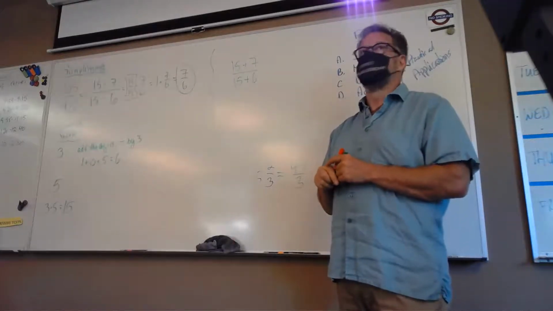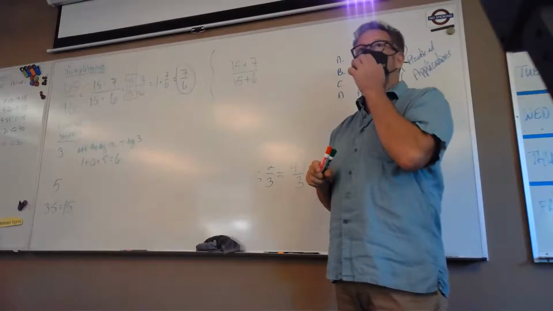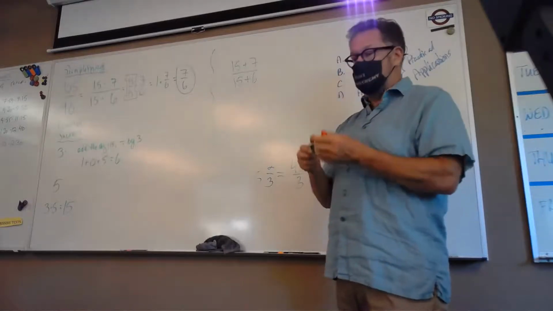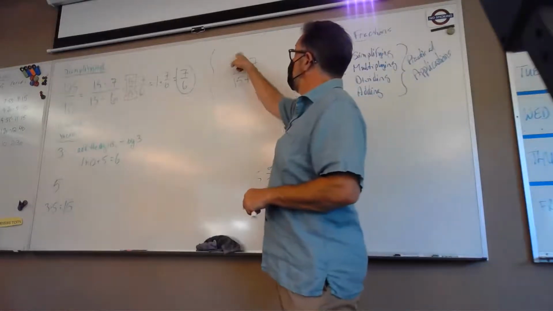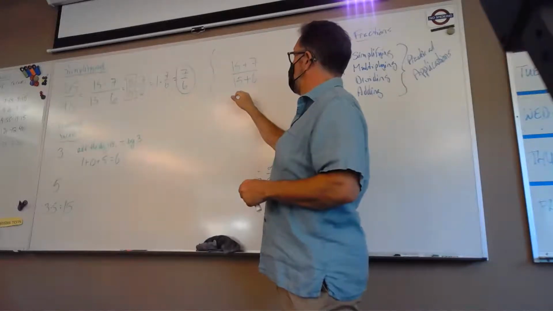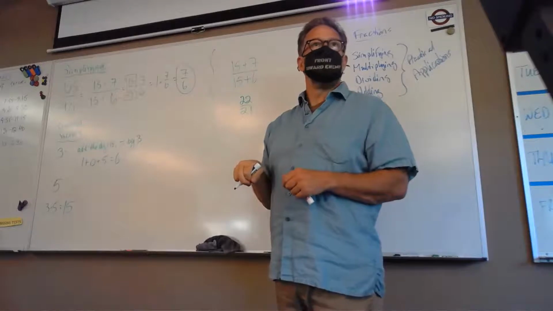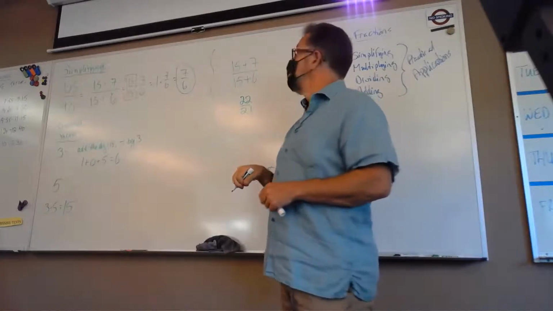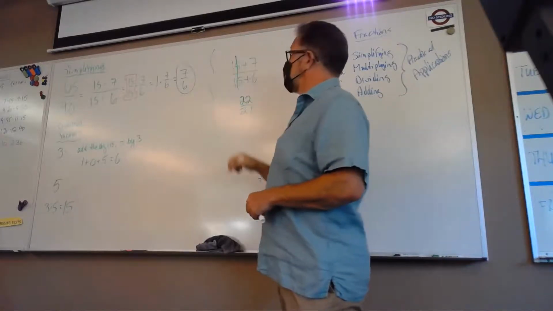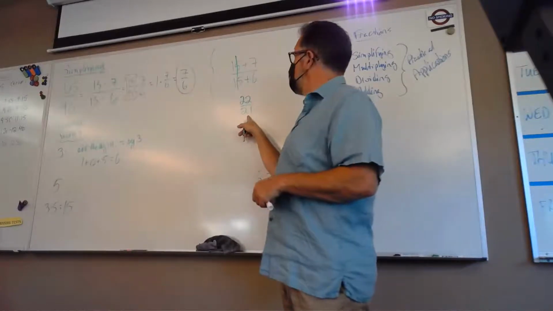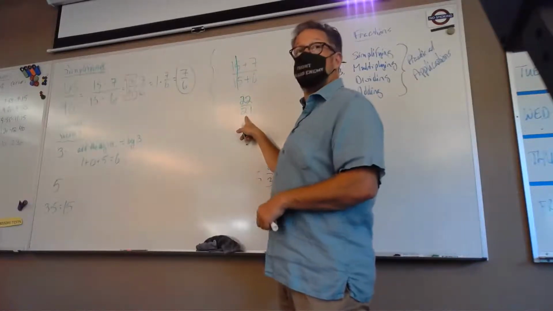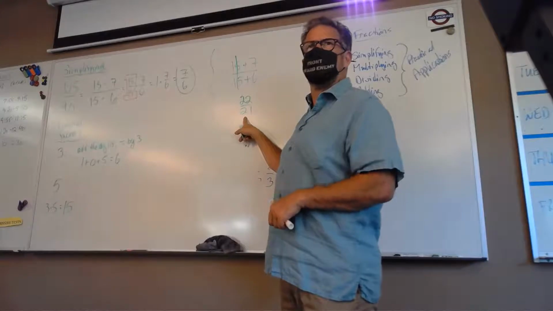Ethan, why are you shaking your head no? They're not multiplying. If we think about this, do we agree that this is 22 divided by 21? Yes? But if I cross out the 15s, how do I make that equal to 22 over 21? It doesn't, does it?